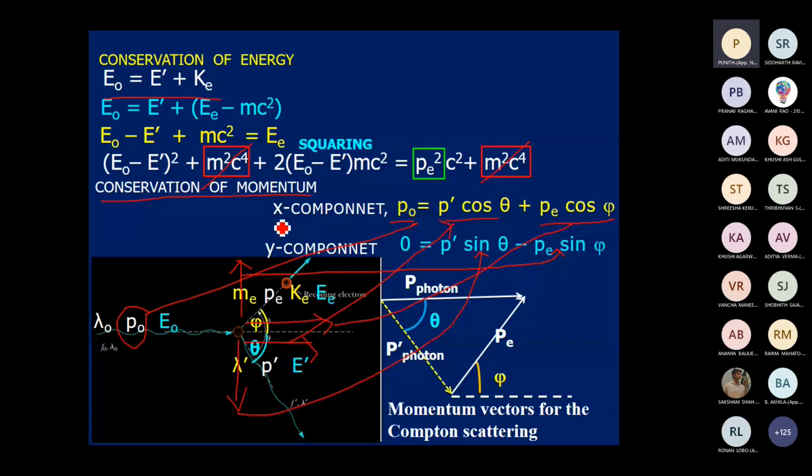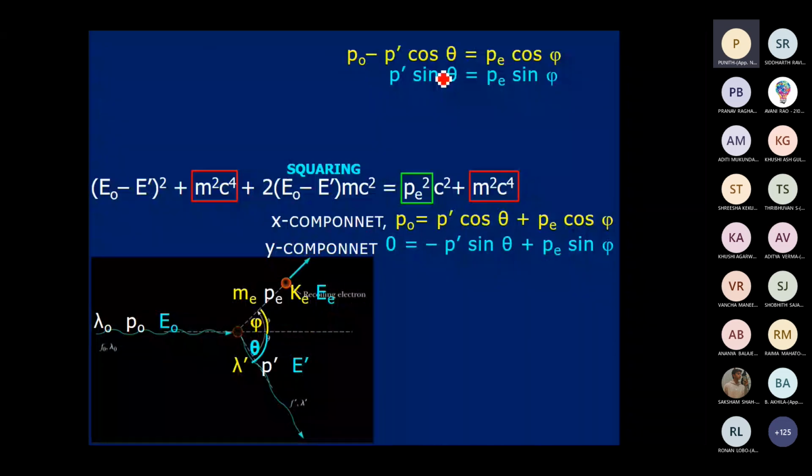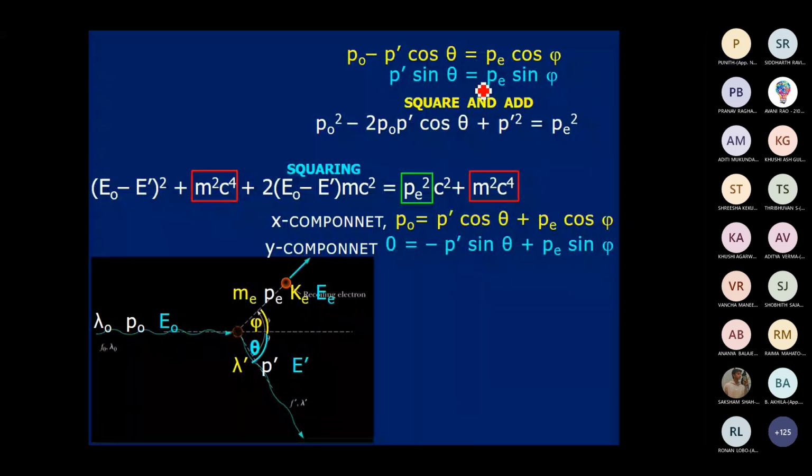Observe the derivation carefully; later on, you can look into it. So rearrange the terms before squaring and adding, and what you get is PE squared, the momentum of the scattered electron, is equal to P naught squared minus 2 P naught P dash cos theta plus P dash squared. Then you need to substitute this in this equation.